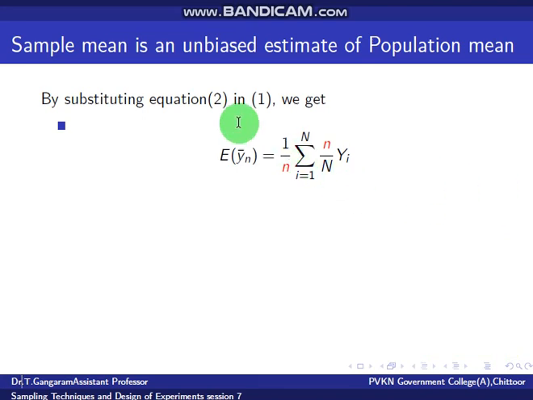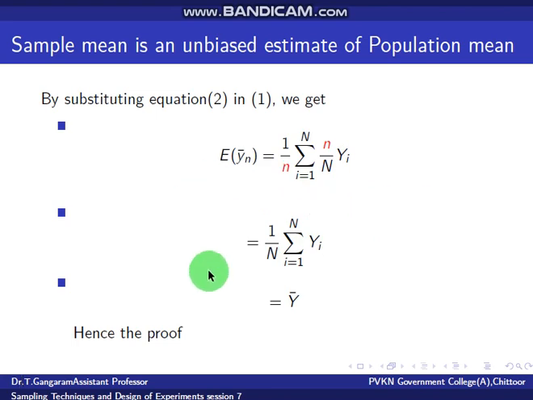By substituting equation 2 in equation 1, that is 1 by n into summation i is equal to 1 to N, expectation of ai is small n by capital N into yi. This n and n get cancelled, and 1 by capital N summation i is equal to 1 to N yi remains.